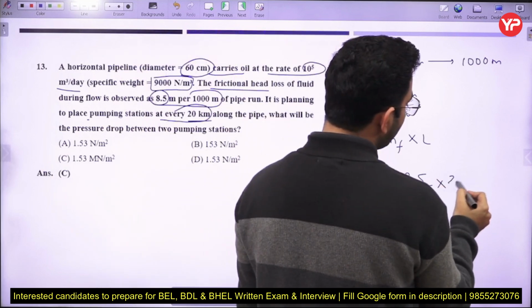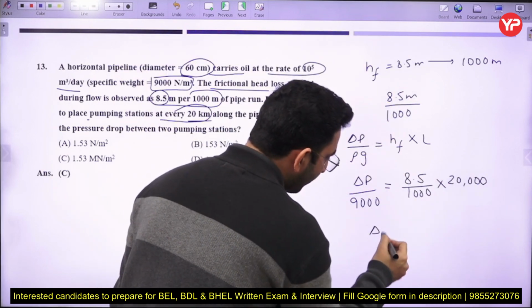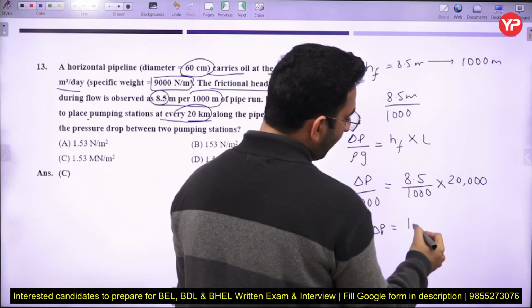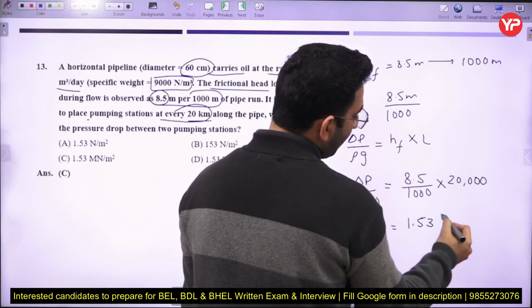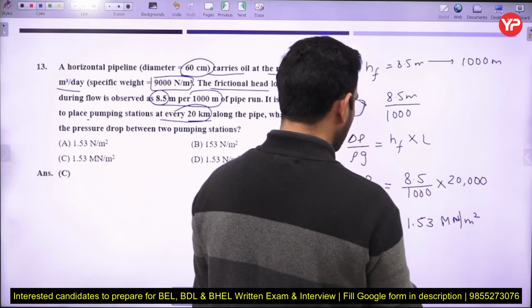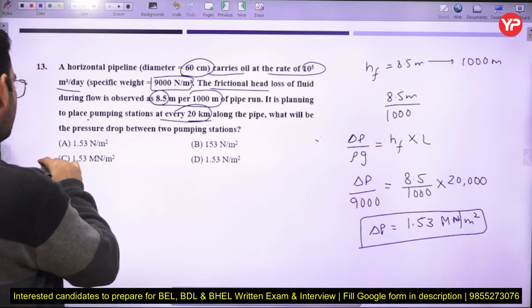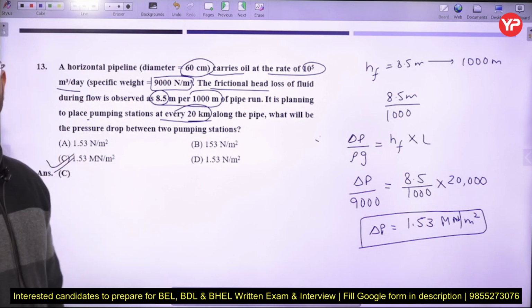So just convert it into SI units, that is 20,000, and if you find out the value of delta P here, it will come out to be around 1.53 mega Newton per meter square. Okay, so this question is a little bit of aptitude type. So here the option number C will be the correct answer.